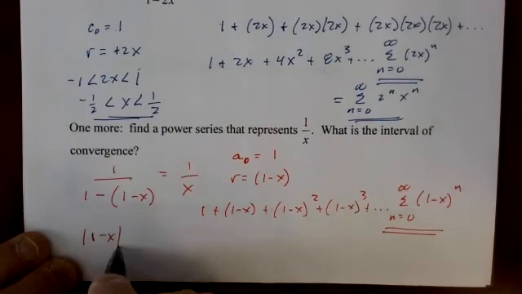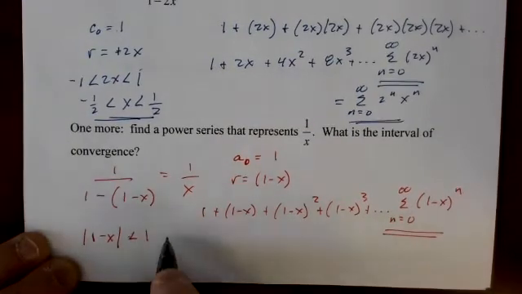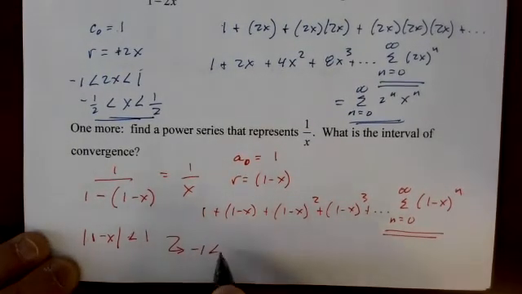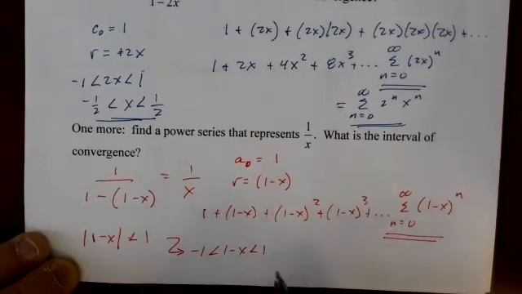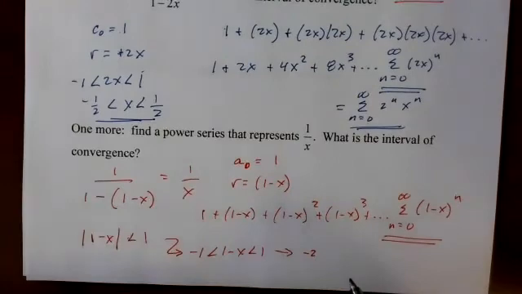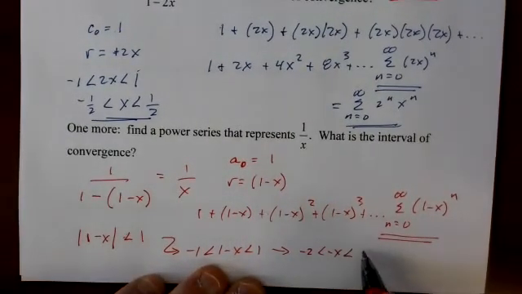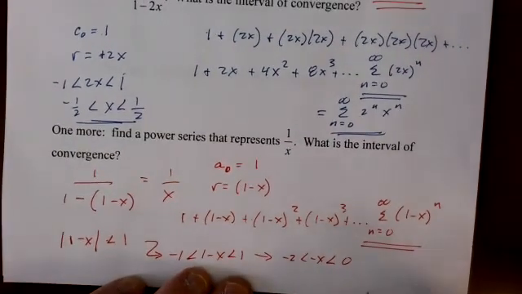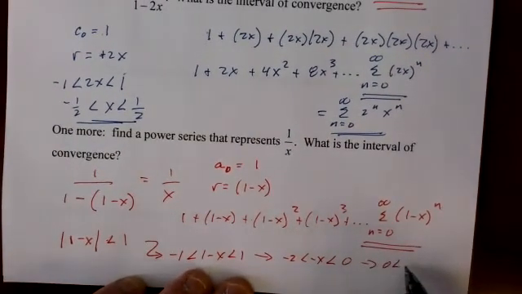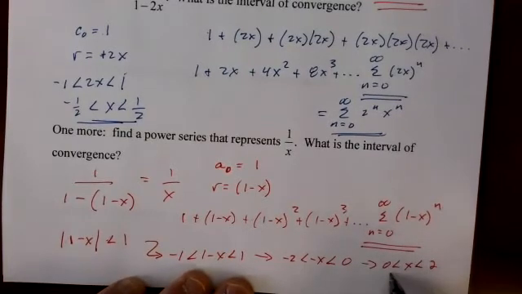Absolute value of 1 minus x less than 1, which always becomes -1 is less than 1 minus x less than 1. Subtract 1, we get -2 less than -x less than 0. Divide by negative and everything flips around, we get 0 less than x less than 2.